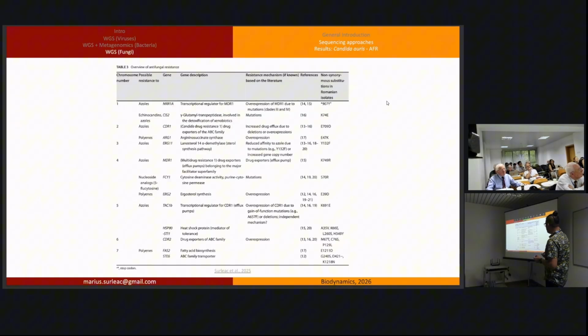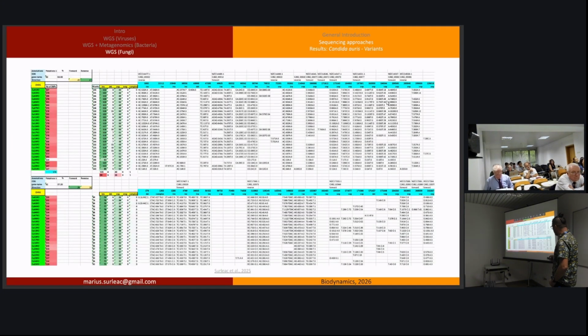So we were the first ones in Romania to sequence Candida auris, and we have found in the genome that we sequenced antifungal resistance genes for different classes of antifungals. And we noticed different mutations that are also related with high pathogenicity.